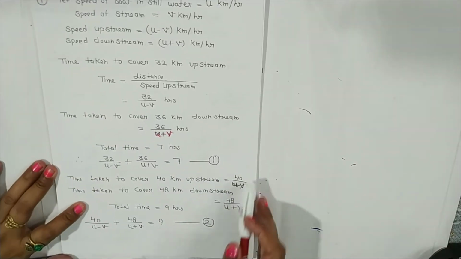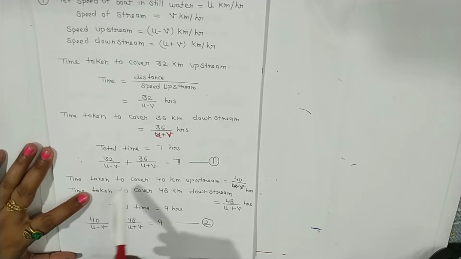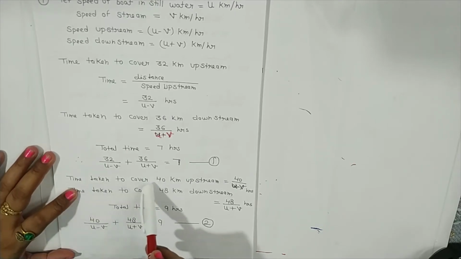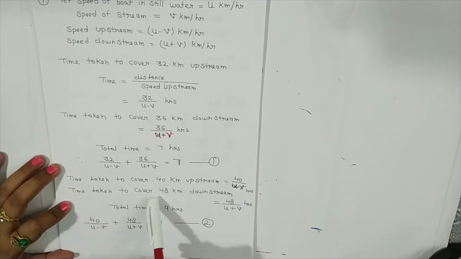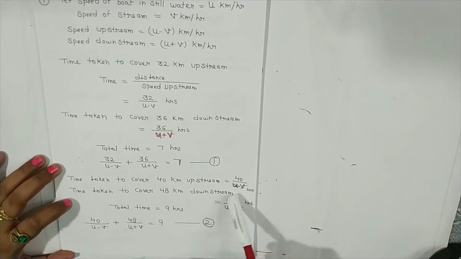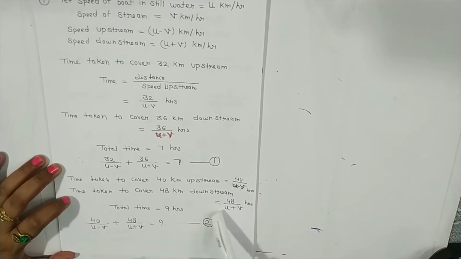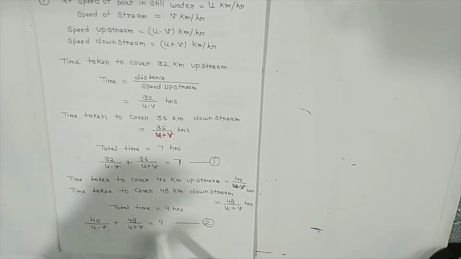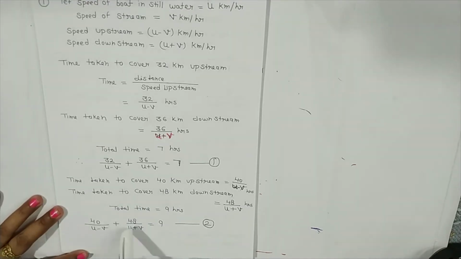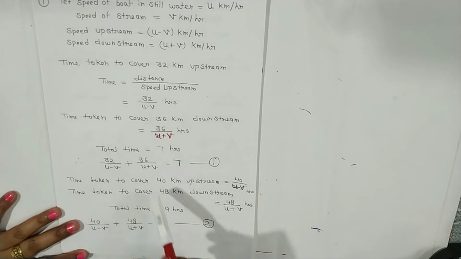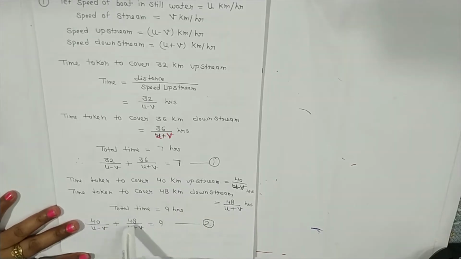Now, for the second equation, time taken to cover 40 km upstream is 40 upon u minus v hours. Then time taken to cover 48 km downstream is 48 upon u plus v hours. Total time is equal to 9 hours.